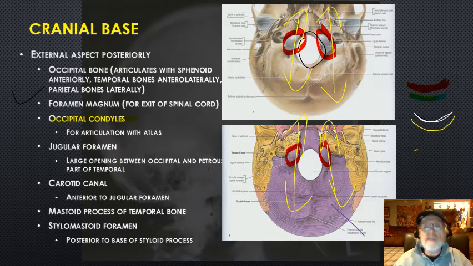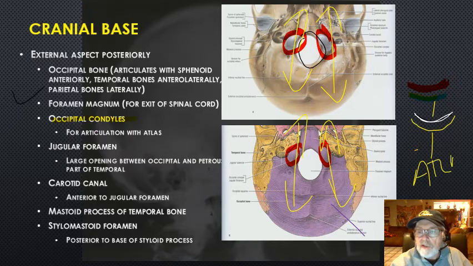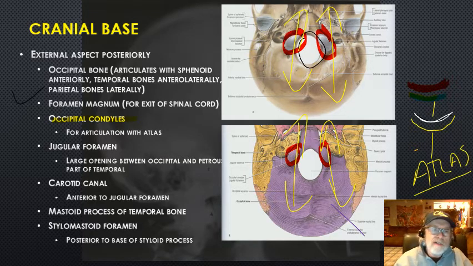This type of thing, yes sir, yes sir. It allows it to move in a sagittal plane. Those are called the occipital condyles. So this would be the occipital condyle, and this would be the articular surface that opposes it on the atlas. So this would be the atlas down here. Everybody should remember what the atlas is. So that's that.